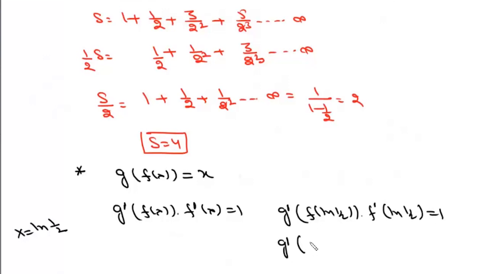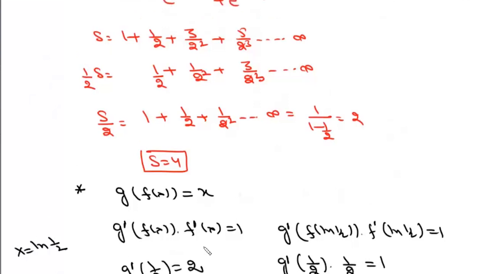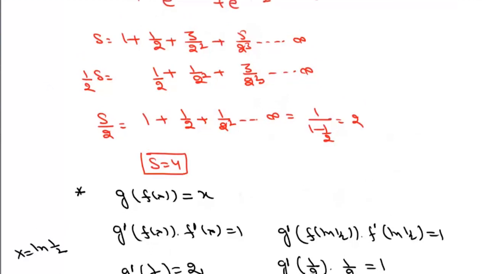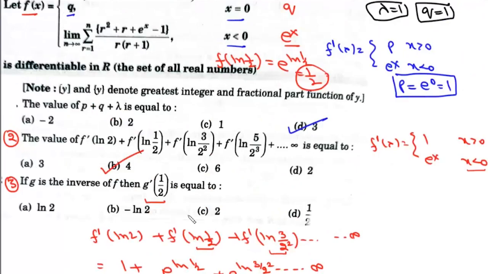Now we already know that f log 1 by 2 is 1 by 2. Now f dash log 1 by 2: log 1 by 2 is less than 0, so f dash x is e to the power x. So it will be e to the power log 1 by 2, which is 1 by 2, and this is 1. So from here we can say the value of g dash 1 by 2 must be equal to 2. And that's your option C.